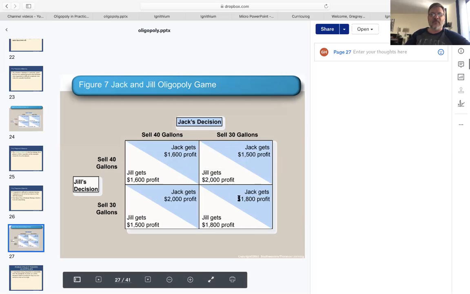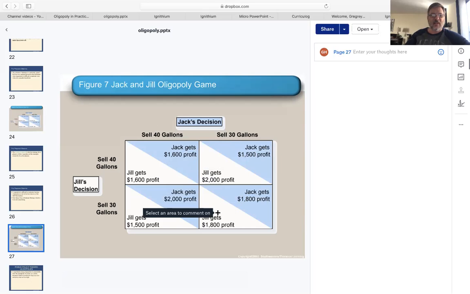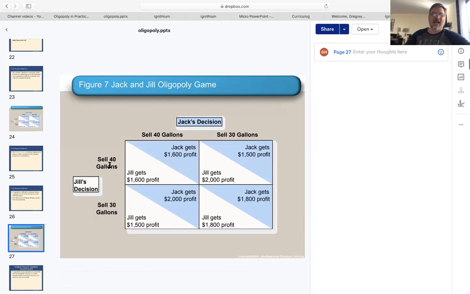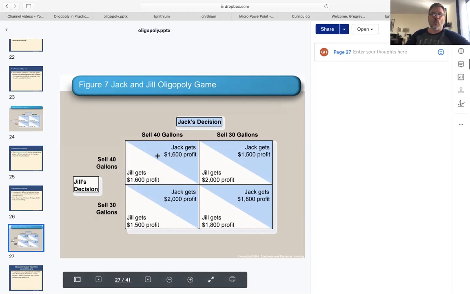So as an industry, they're better off if they can restrict output, behave like a monopolist, and drive up the price. And the worst possible outcome from an industry perspective is where they sell 40 and 40. They're increasing output, acting more like a competitive industry. That's worse for them. Their profits go down to 3,200. From the producer side, the inefficiency is they're giving up $400 worth of profit here.